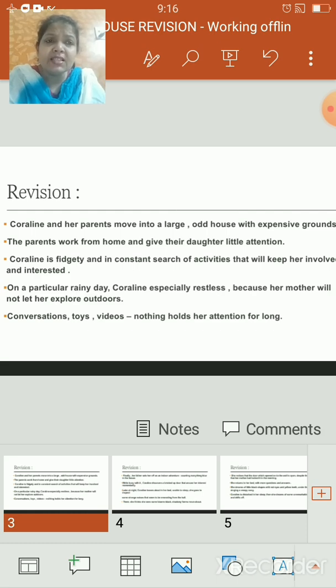Now, Coraline is fidgety and in constant search of activities that will keep her involved and interested. So, Coraline was looking out for some activity wherein she can get involved and interested because she was getting bored. So, on a particular rainy day, Coraline is especially restless because her mother will not let her explore outdoors.